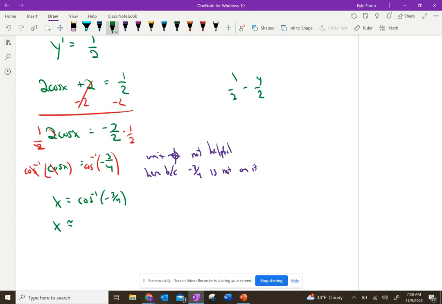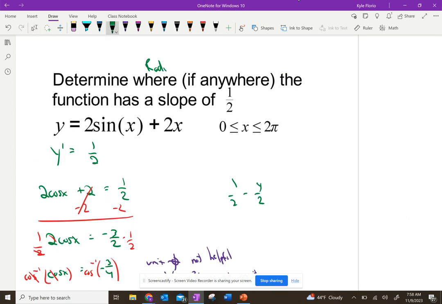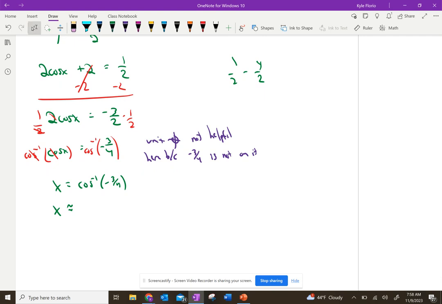Put it in the calculator, again in radians, and we get x is about 2.427. So this is the exact answer, and this is the approximate answer.